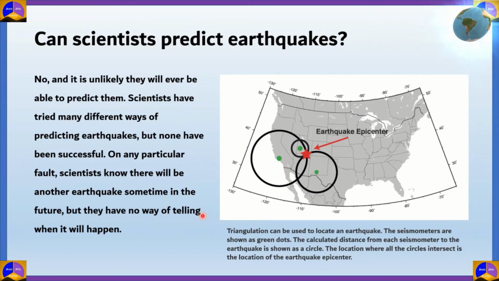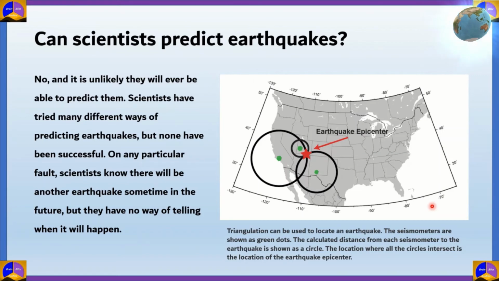Now, how do we find out where an earthquake actually occurred? Well, the epicenter is the place from which the seismic waves start propagating. We use a method called triangulation in order to locate an earthquake. There are many seismometers around the world, and suppose an earthquake occurs in one place. The nearest three seismometers will publish a reading, and then we find out the distance between the earthquake's area and each seismograph, and then we draw a circle on the map.